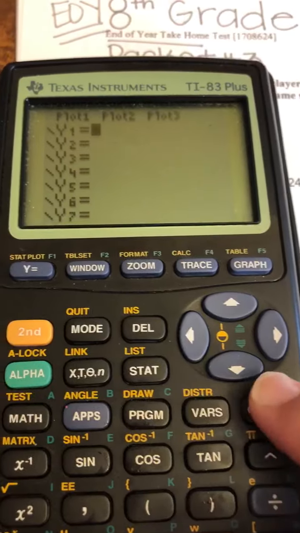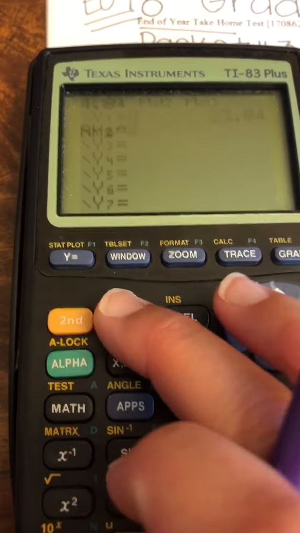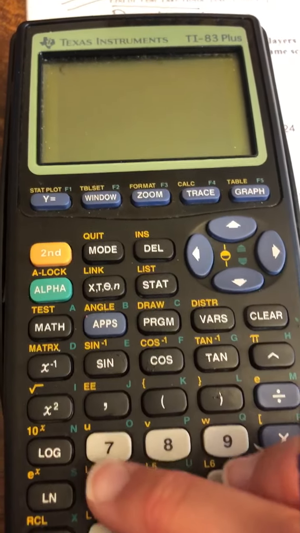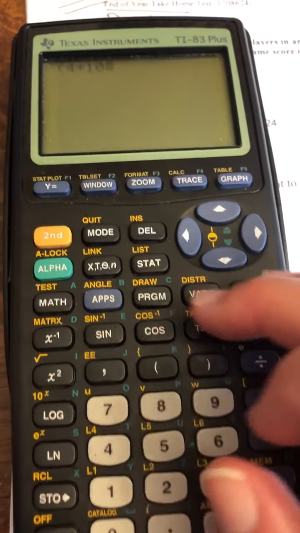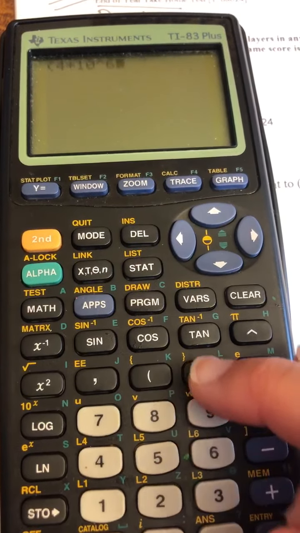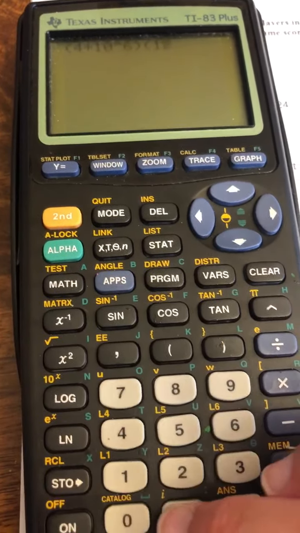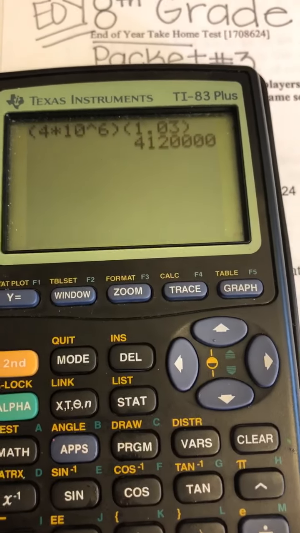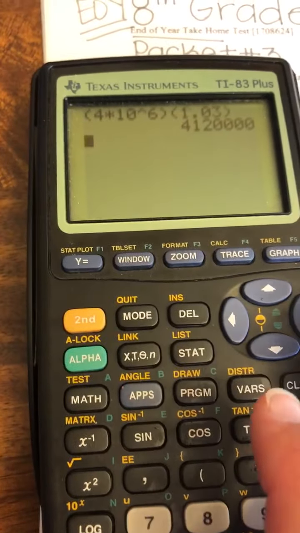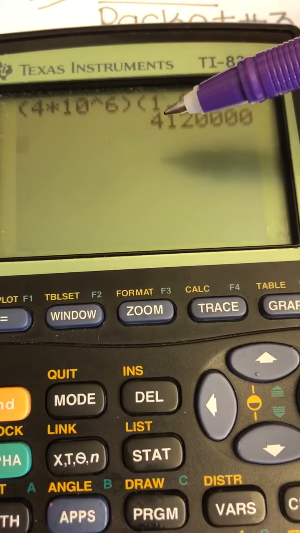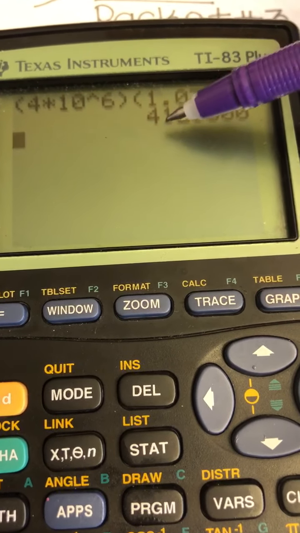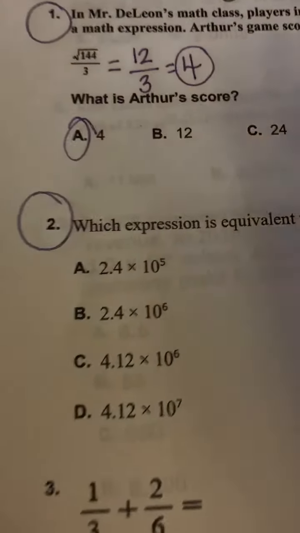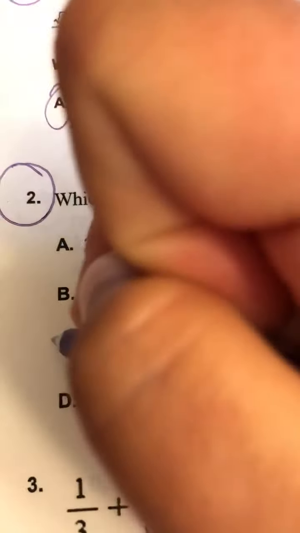But just to make it a little bit easier, I'm going to multiply the 4 times 10 raised to the 6th power by the 1.03 or 1 3/100. And that's going to give me 4.12, and that would be 4.12 times 10 to the 1, 2, 3, 4, 5, 6. So 4.12 times 10 to the 6th.